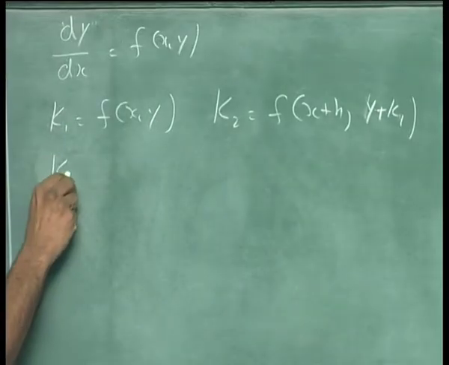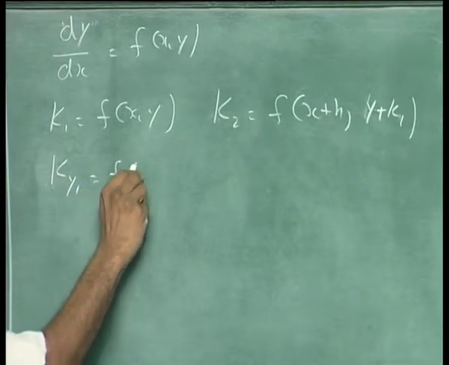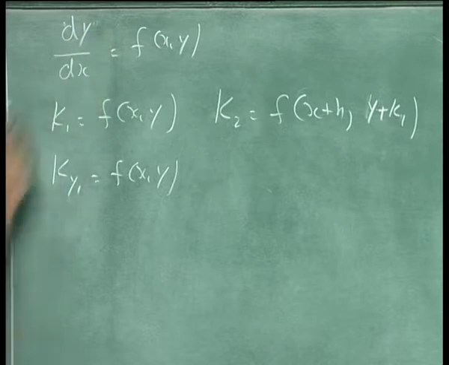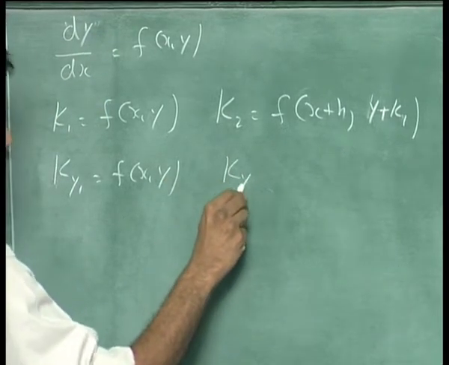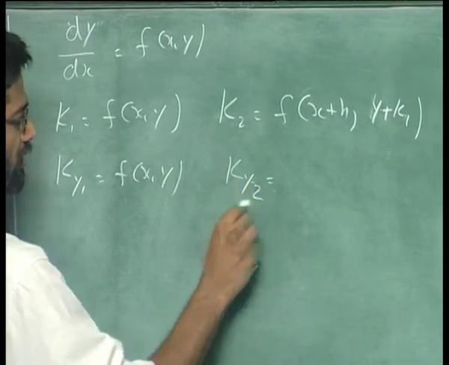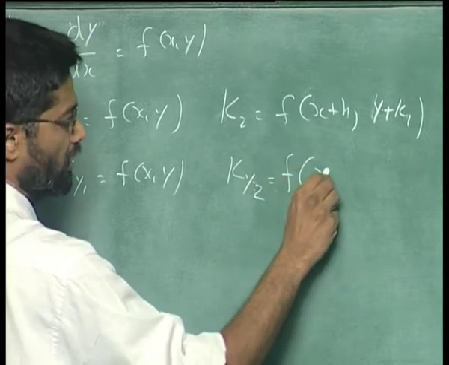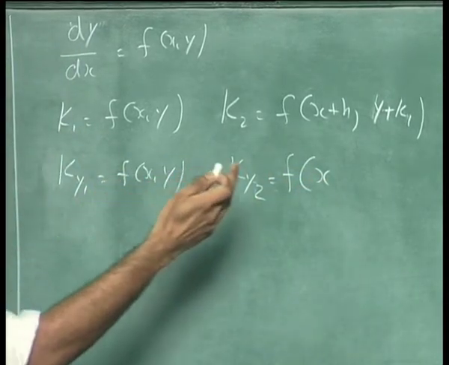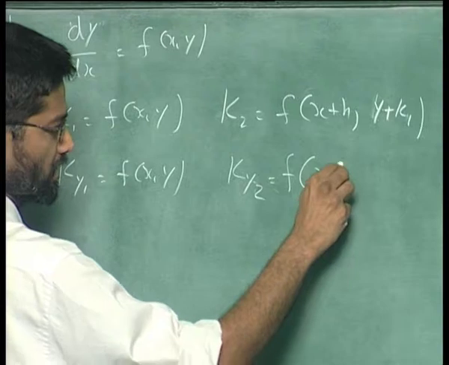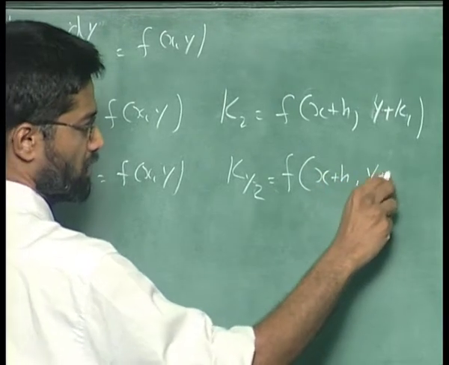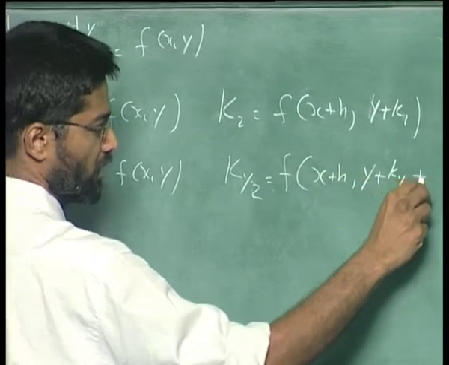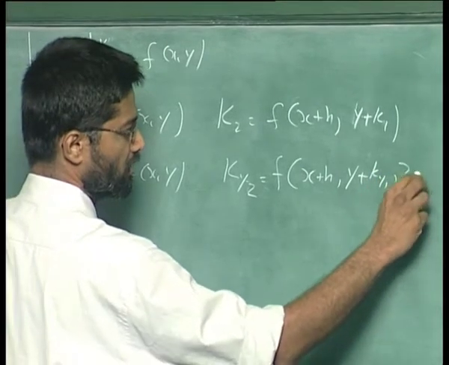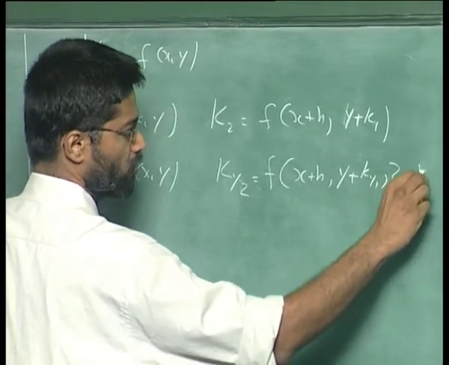ky1 is f at x comma y, and ky2 is f at, in general it can be a function of x, y and z, so x plus h, y plus ky1, and z plus kz1.